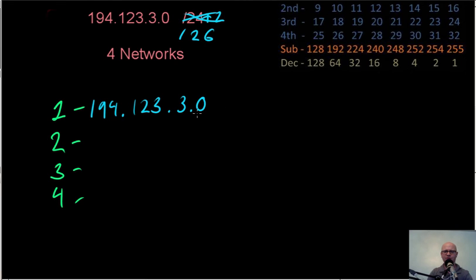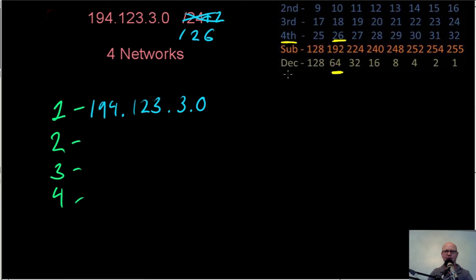We already know the first net ID. We need to go to the chart here, find our 26. It's going to tell us our 4th octet is going to increment by 64. So /26, 4th octet, increment by 64.